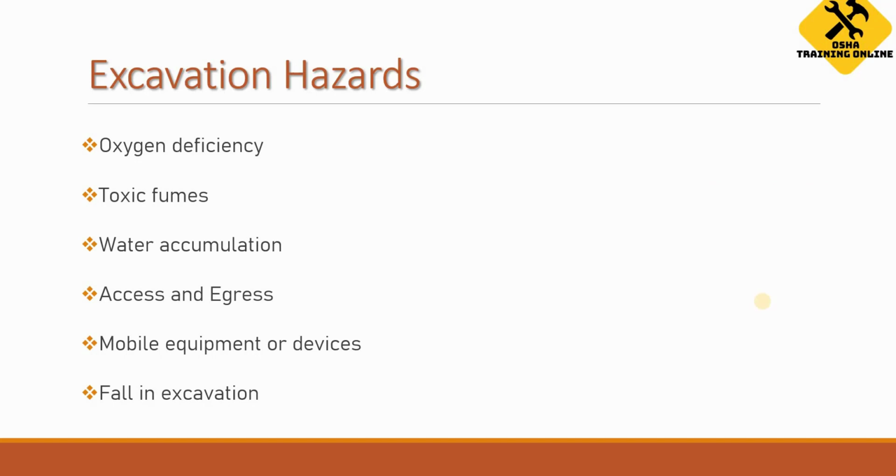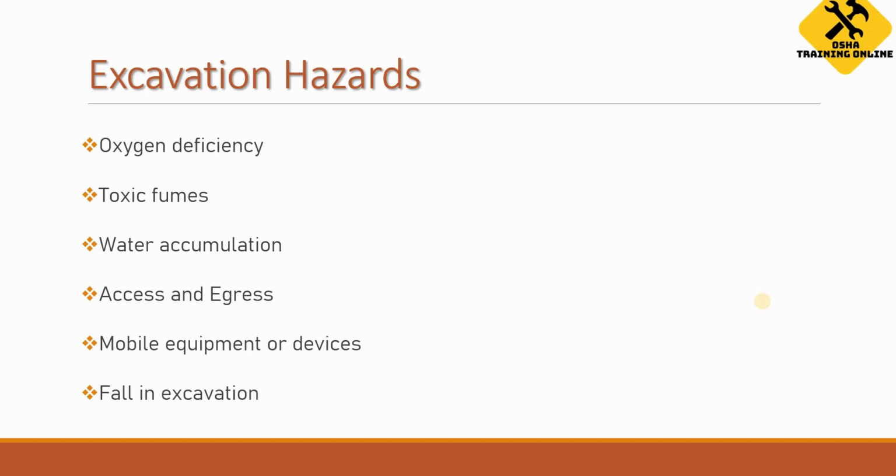Other excavation hazards are oxygen deficiencies, as we have discussed. Toxic fumes may come out. Water accumulation: if the worker is working in accumulated water, it's dangerous for him. Access and egress problems are really common because an excavation is not a normal pathway, so access or entry to it may be difficult.